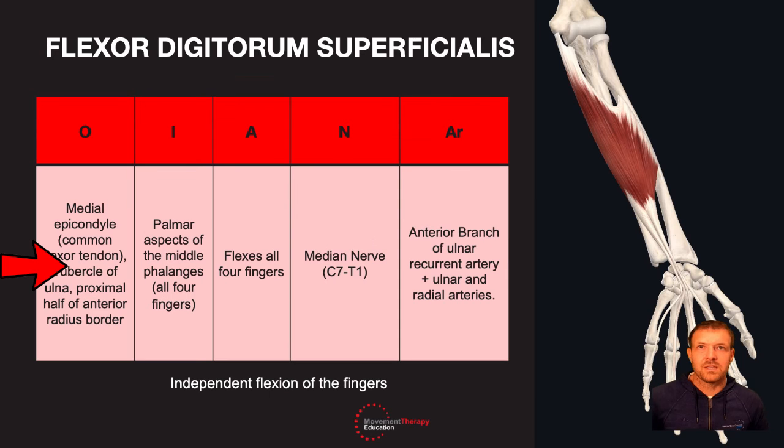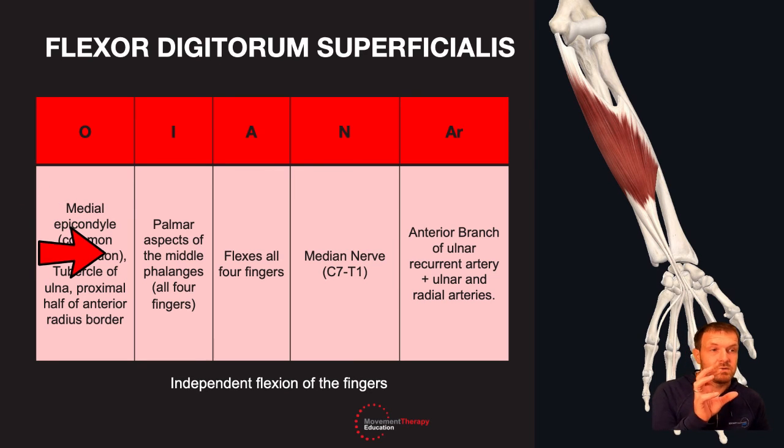And then if we have a look at the next one, flexor digitorum superficialis. If the other one was deep, this is going to be superficial. This is the one that's closest to the surface of the skin. This is the one that may be affecting golfer's elbow, that medial epicondylopathy, because it attaches onto the medial epicondyle.